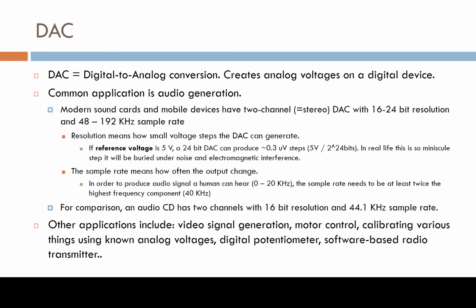If you think of human hearing, we can hear physical signals up to say 20 kilohertz. In order to produce that signal, you need to sample at least the top of the signal and the bottom of the signal.